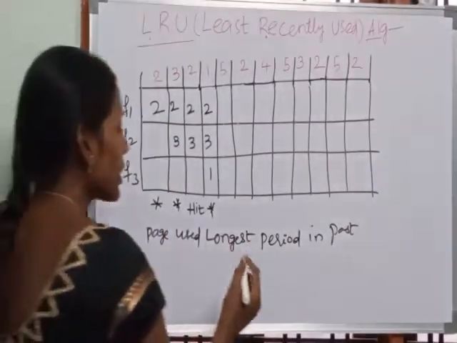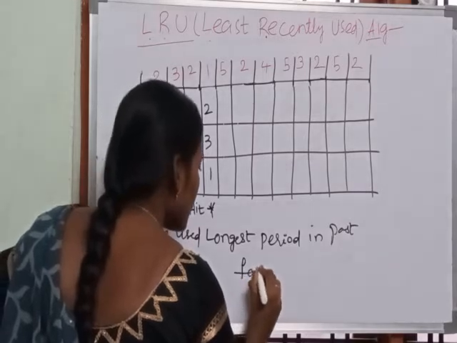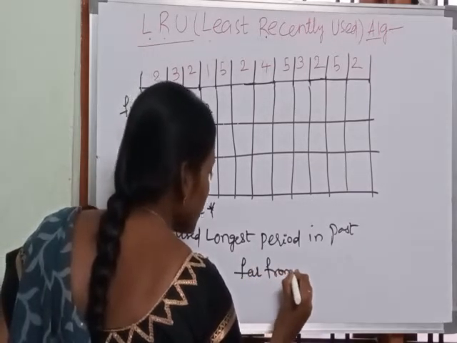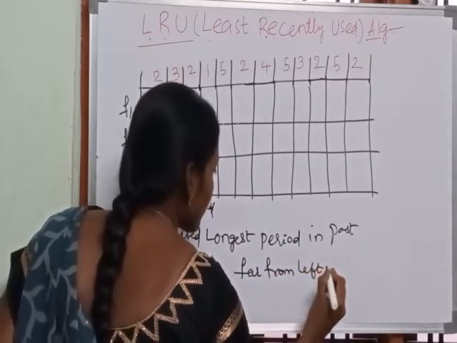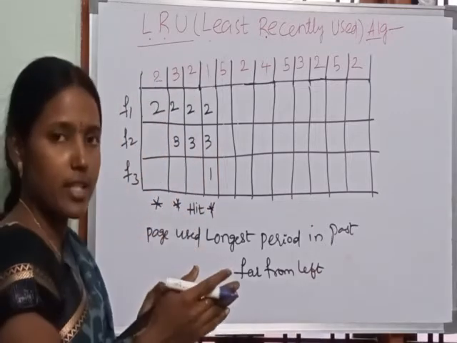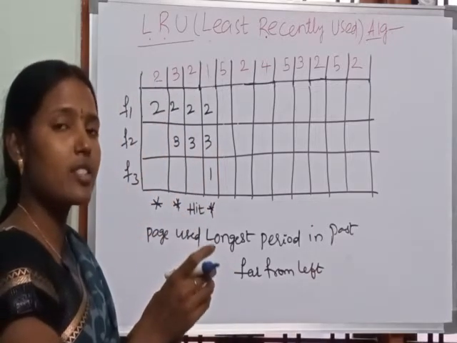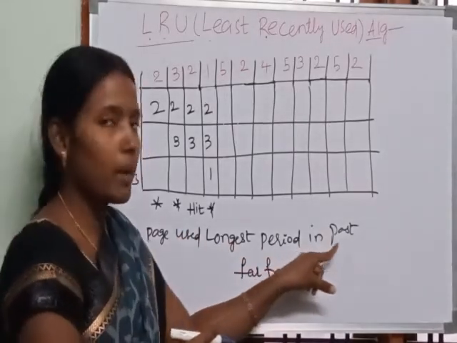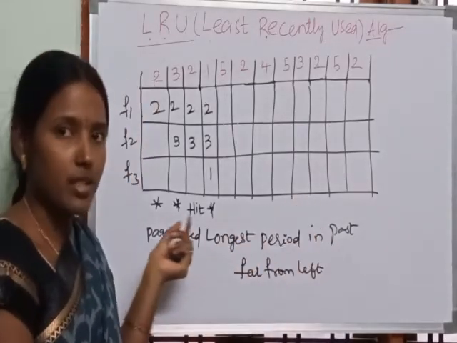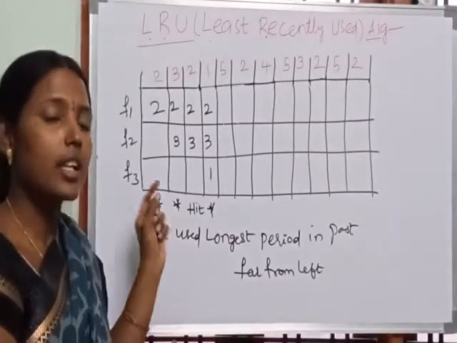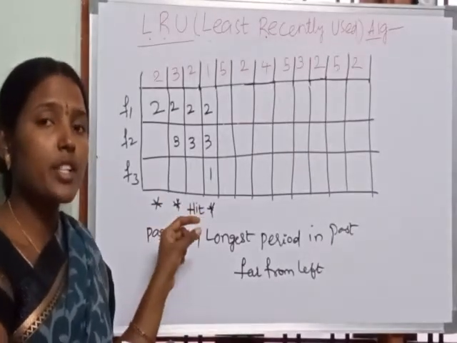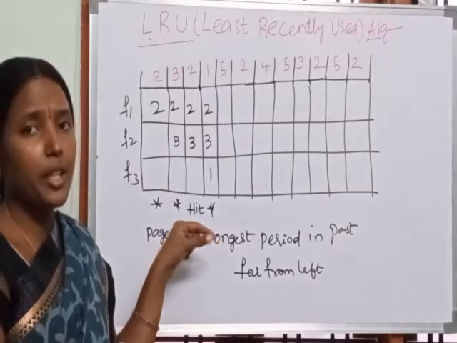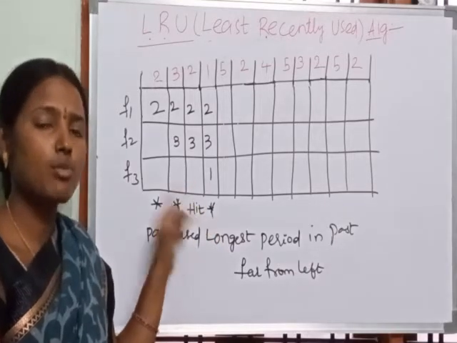That means we should consider far from left. A page is replaced when that page was used the longest period in the past. Consider the completed pages; among those, the least recently used page is to be swapped.